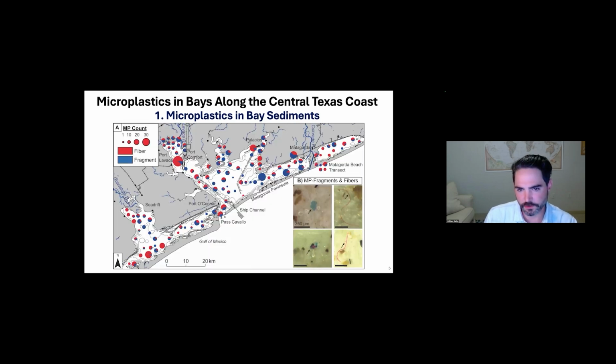So these are our results. These are microplastic counts per 100 grams per location, where I've pieced out the different types, which I've categorized as fiber or fragment. And what we see here is kind of an ambiguous pattern. There's not really a correlation with water depth, or I don't have it here, but there's no correlation with grain size or organic material.